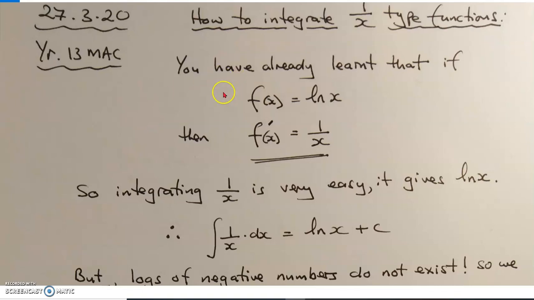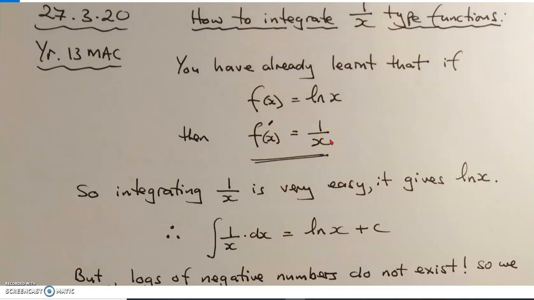I'm going to show you this morning how to integrate functions that look like this, where you've got an x on the bottom and a 1 on the top, like 1 over x. And they're very simple because we've already learned that if we have a function in x of the form the natural log of x, when we differentiate this natural log of x, we get 1 over x.